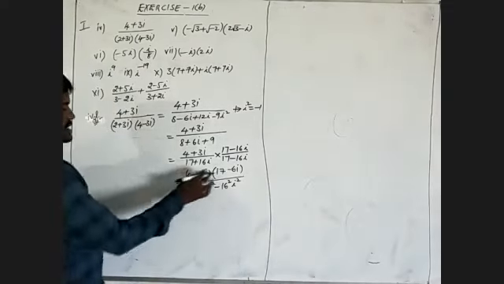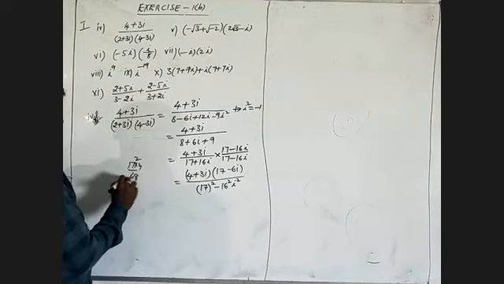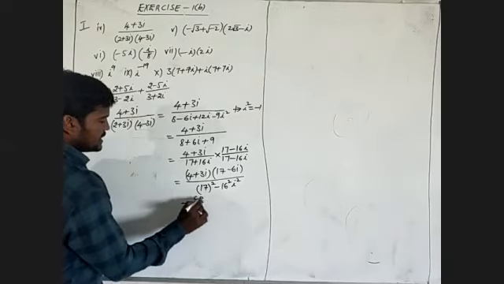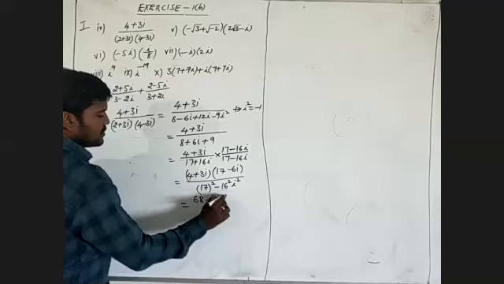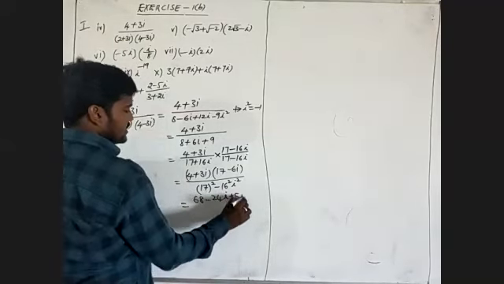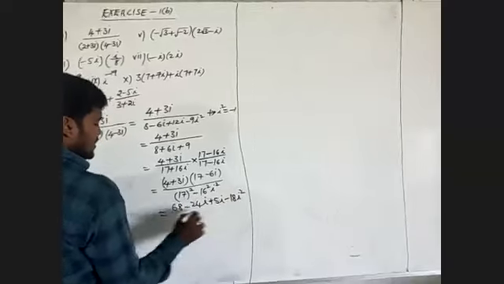That means 17 into 4 is 68, so 68 minus 24i. After that 17 into 3 is 51i, plus into minus becomes minus 3 into 6 is 18. i into i is i square.